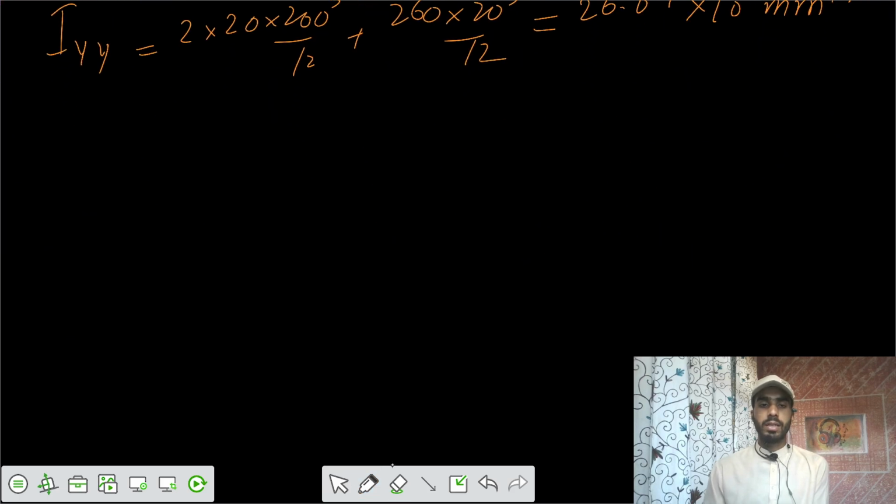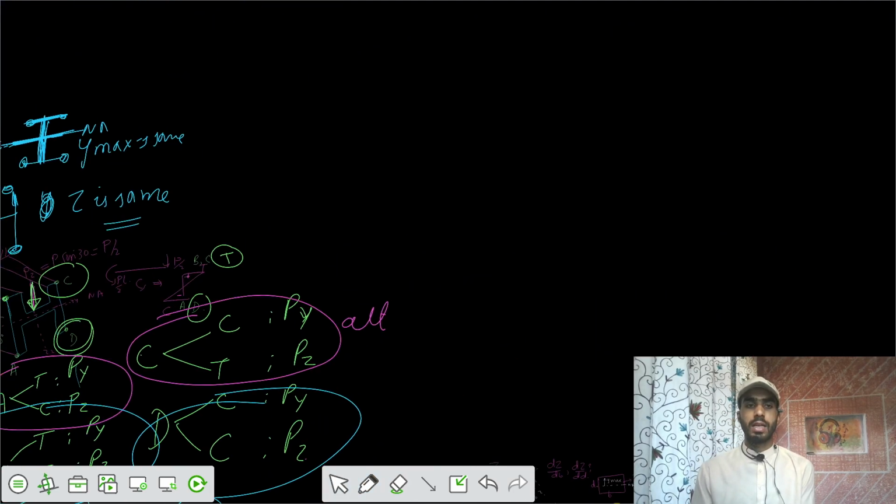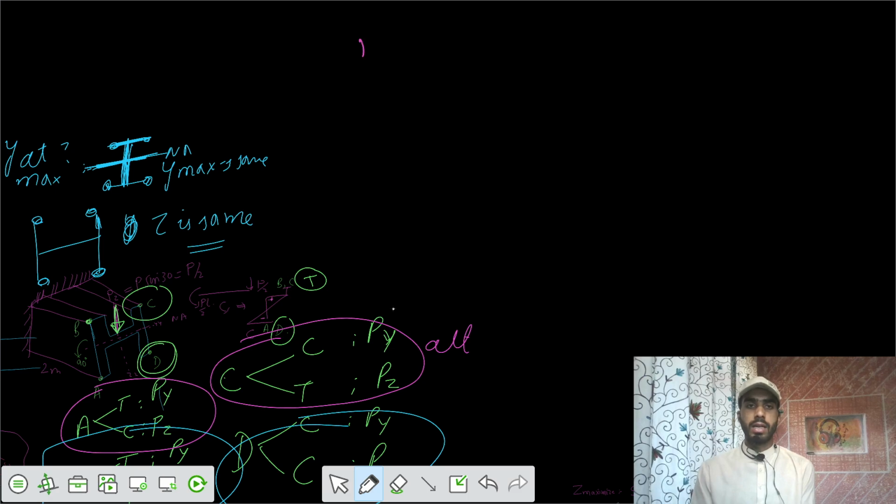Let's calculate the bending stress. Let's go to this side. We write sigma in x direction because of loading in y direction, or because of Py, that equals moment in z divided by Izz into Ymax.